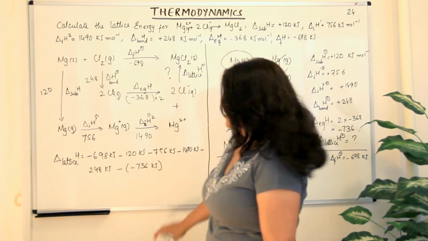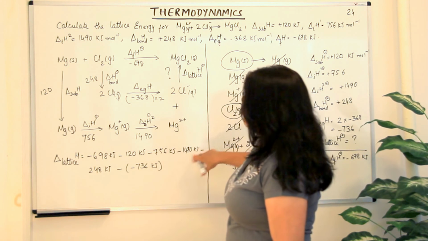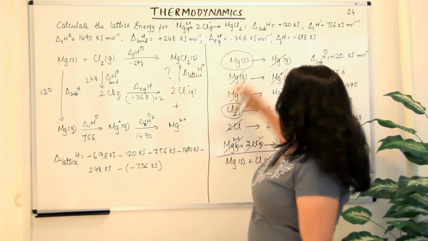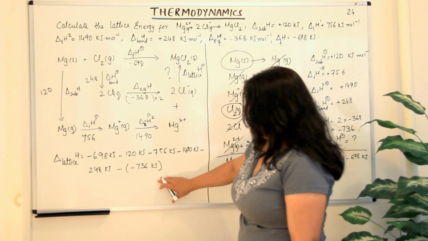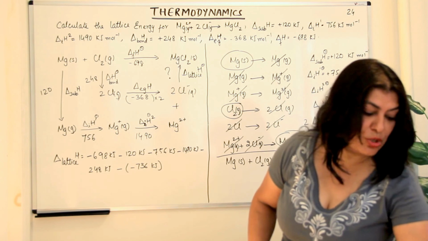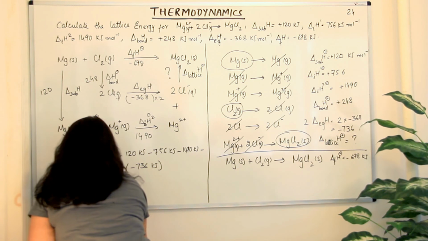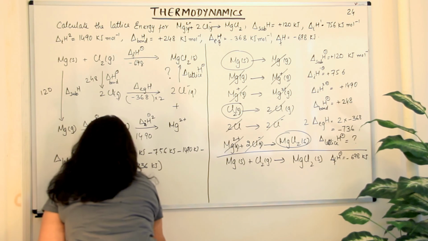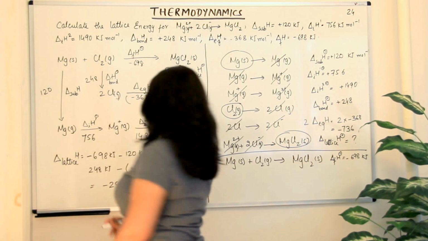Do you see this? So what have we done? This is the total energy minus the sum of all, or subtract all these energies from it, and you will be left with the lattice enthalpy. So the lattice enthalpy, when you calculate this, comes out to be equal to minus 2576 kilojoules per mole, right?